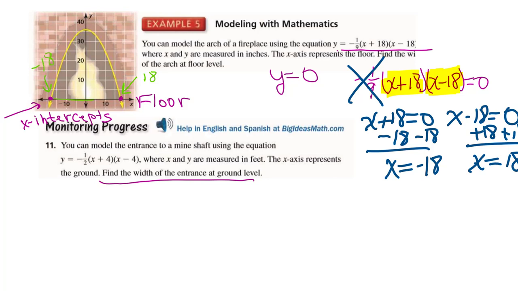So how far apart is -18 and 18? Well, that just tells me that this distance is 18 from the y-axis and this side is 18 inches from the y-axis. So I can just add those together and I get 36 inches is the width of the entrance.